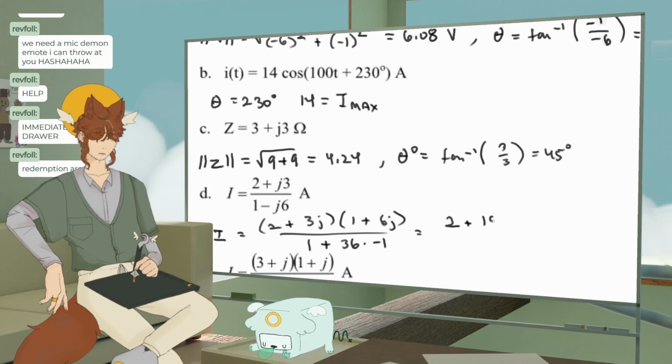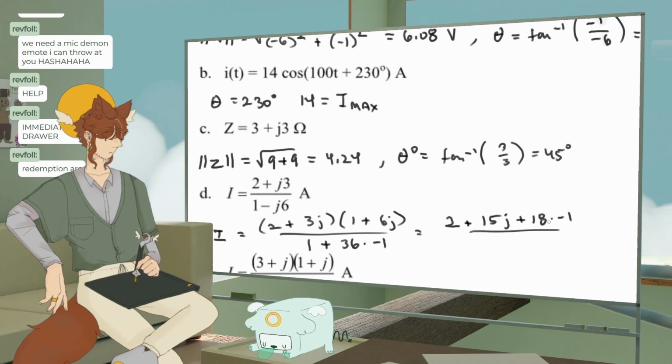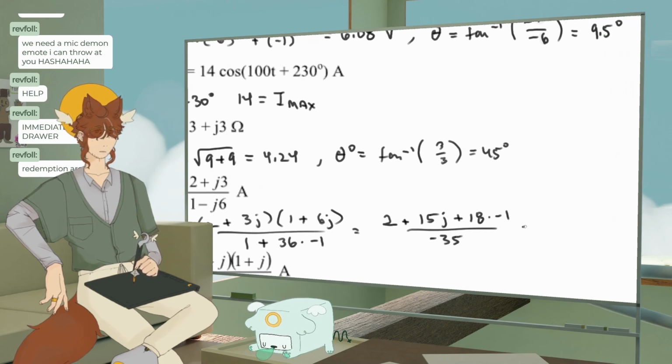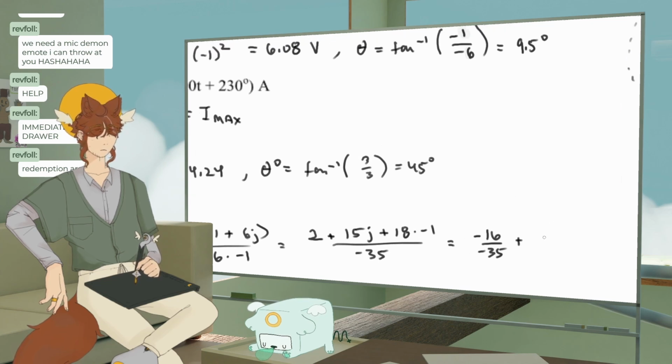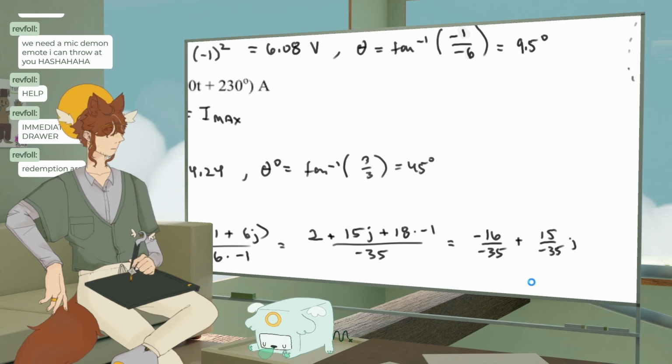I was going to ask 15j. Right, 12 plus 3. Plus, what is that? 3 times 6, 18 times negative 1 over... well, let's see, negative 35. This is going to be negative 16 over negative 35 plus, just, you know, classic everyday numbers, 15 over negative 35. Okay.